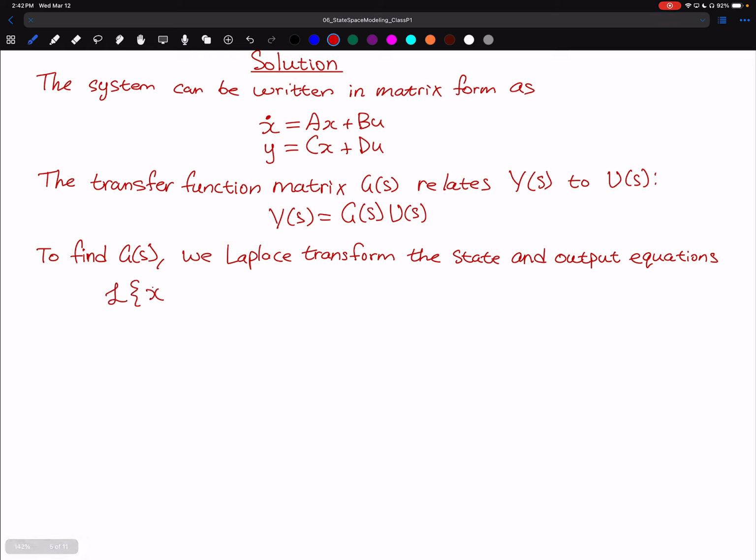So we get the Laplace transform of x dot is equal to the Laplace transform of Ax plus Bu.